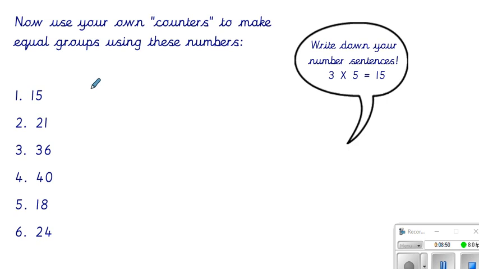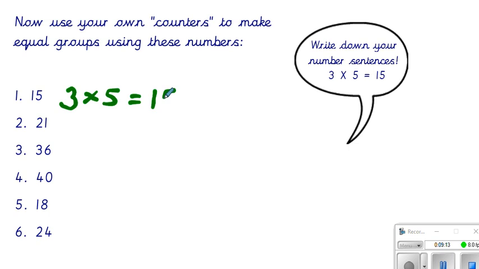Now, just like before, I'm writing using my mouse pad, so if my writing's terrible, I do apologise. So 3 times 5 equals 15, that's the first one. 3 times 5 equals 15.